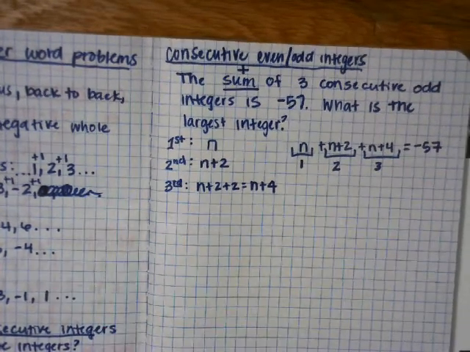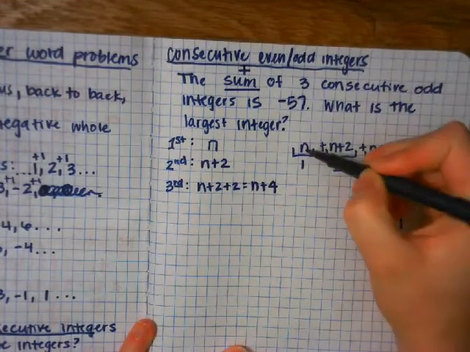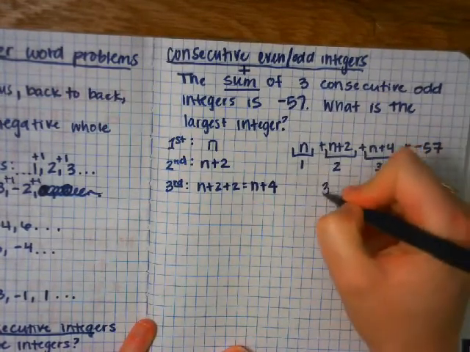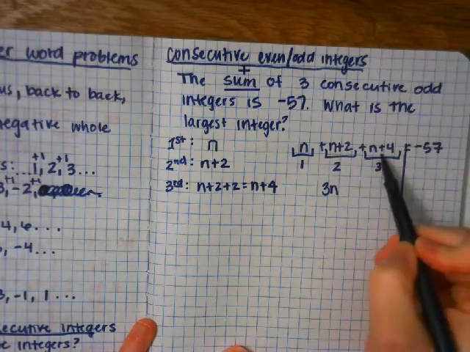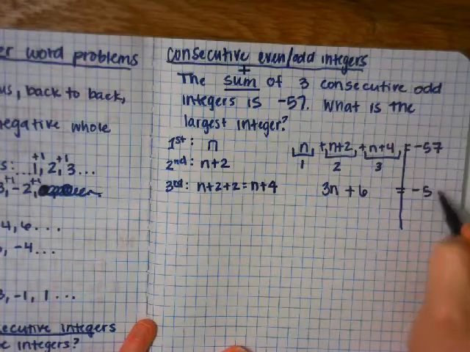Then we combine like terms, and I have 3n and 2 plus 4 equals 6, so 3n plus 6 equals -57.